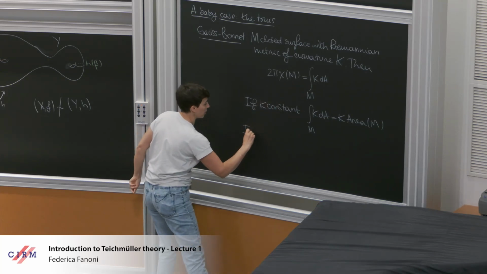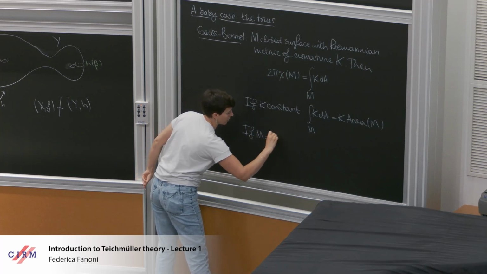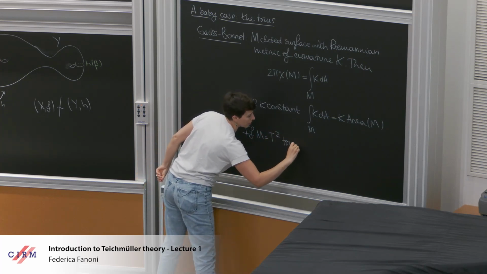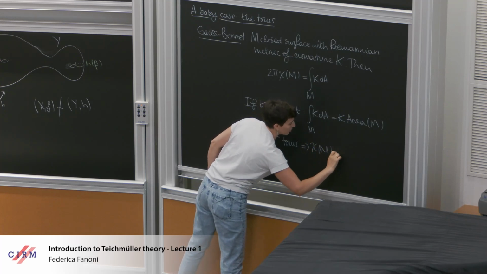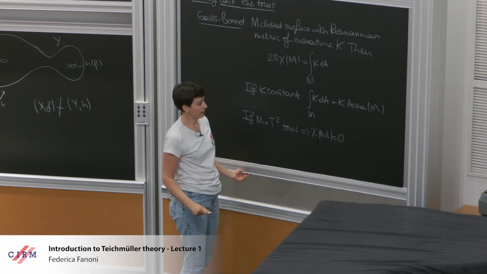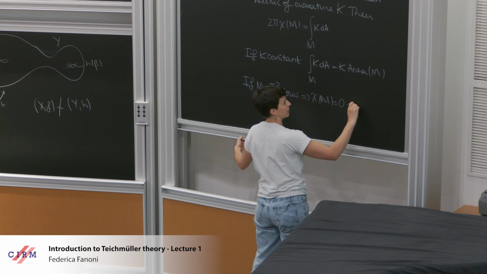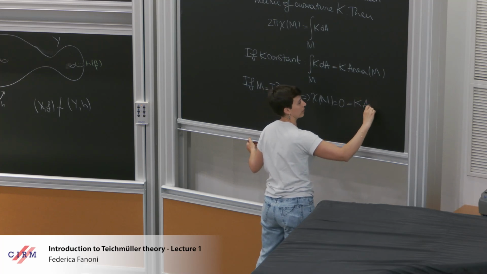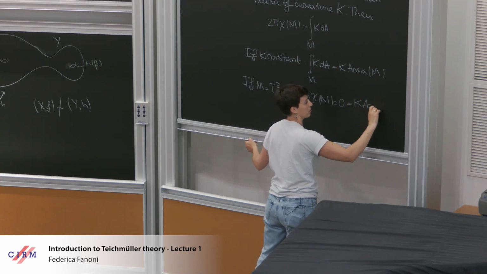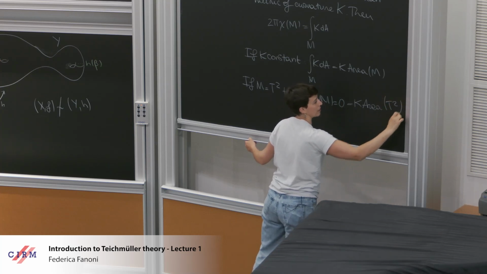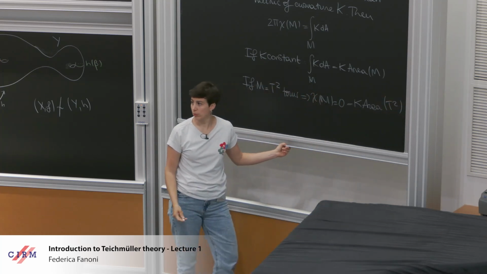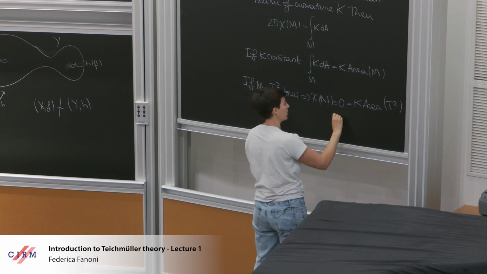So if M is the torus, then the Euler characteristic of the torus is 0. So the only way that I can have this equal to K times the area is that K is constant, equal to 0.